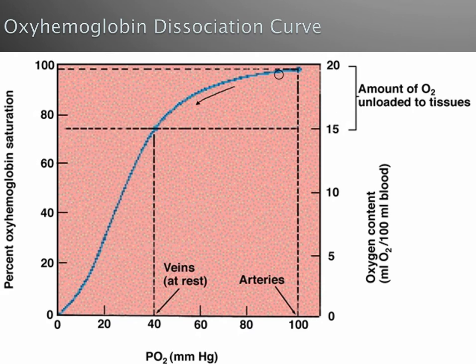We described arterial blood that is almost 100% saturated and at about 100 partial pressure of oxygen. Then we followed this graph down to a resting condition. In the veins at rest, the PO2 is about 40, it's maybe 75% saturated, and the CVO2 is about 15 mils of oxygen in 100 mils of blood. So this is rest.